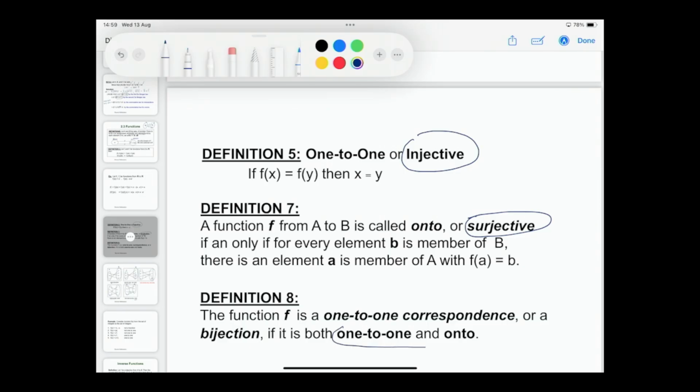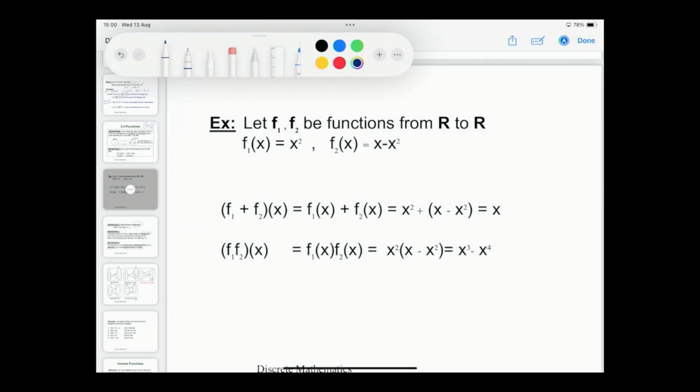One-to-one and onto means bijective, which means both.